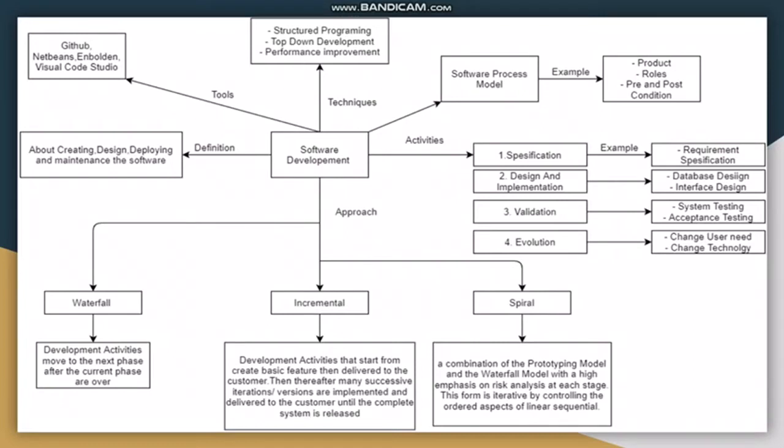And then the last one is pre and post condition. Pre and post conditions are statements that are true before a method is called and things that must be true after the method is complete. For example, when we are developing the system, we believe that all the specifications fulfill the user need before implementing the system.